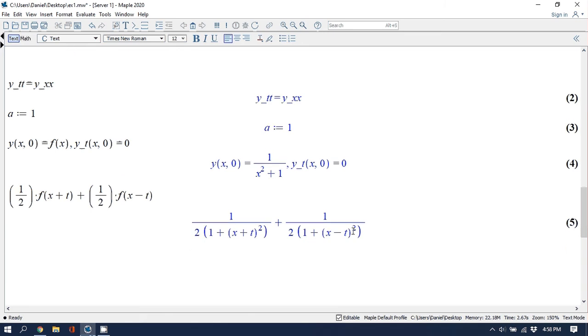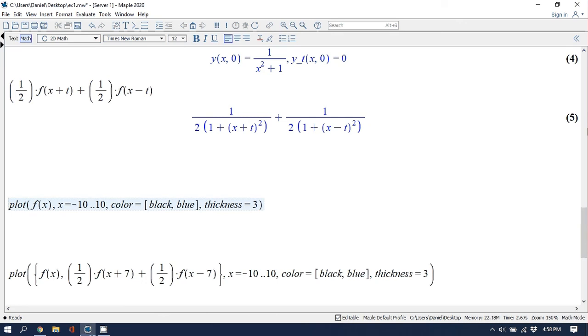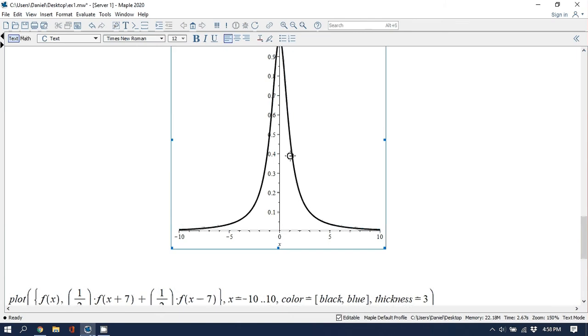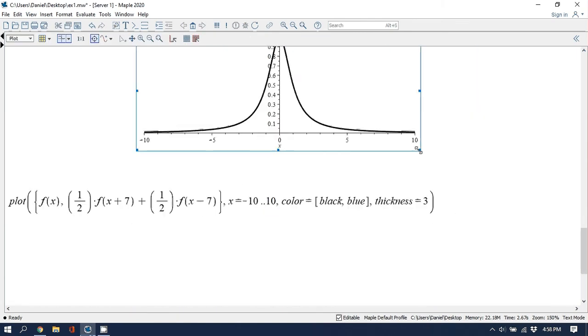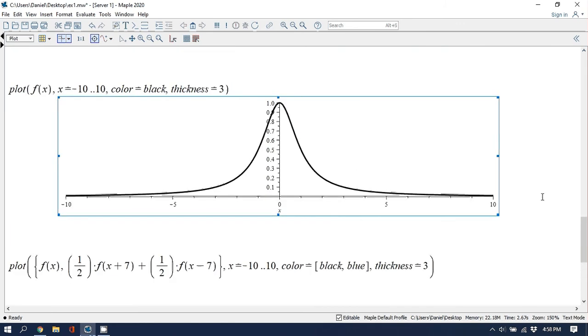Now, how does the initial displacement look? Well, let's look at the graph. I'm going to write the initial position of the wire in black, and let's make this a little bit smaller. So 1 over 1 plus x squared is an example of a string that is deformed at the origin.